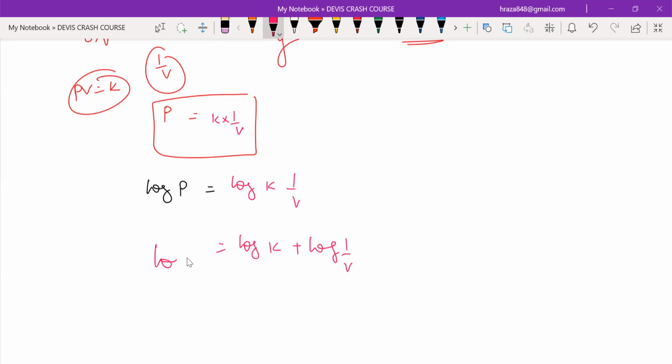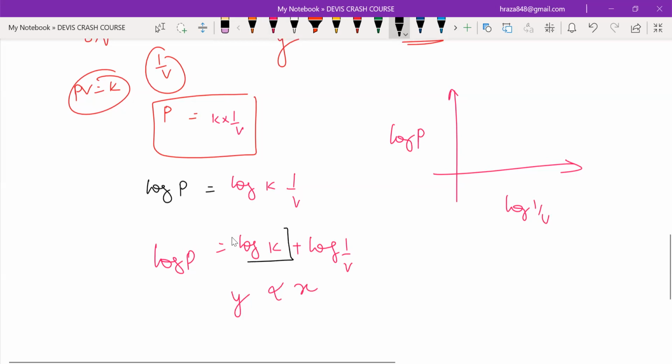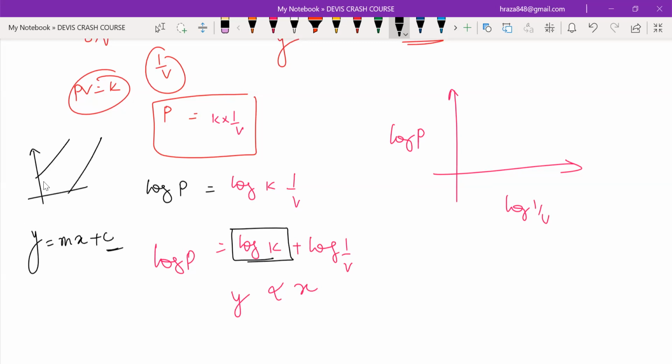And this is your log P. This is your log 1 by V, which is on x-axis, which is directly proportional, and this is your log P, which is on y-axis. Now, this is your intercept, right? y is equal to mx plus c. If c is positive, then it comes here. If c is negative, then it comes here, because this is the intercept we are talking about. If c is negative, that means you are going to extend this line, and this is your negative part. If c is equal to 0, then it will go through this.